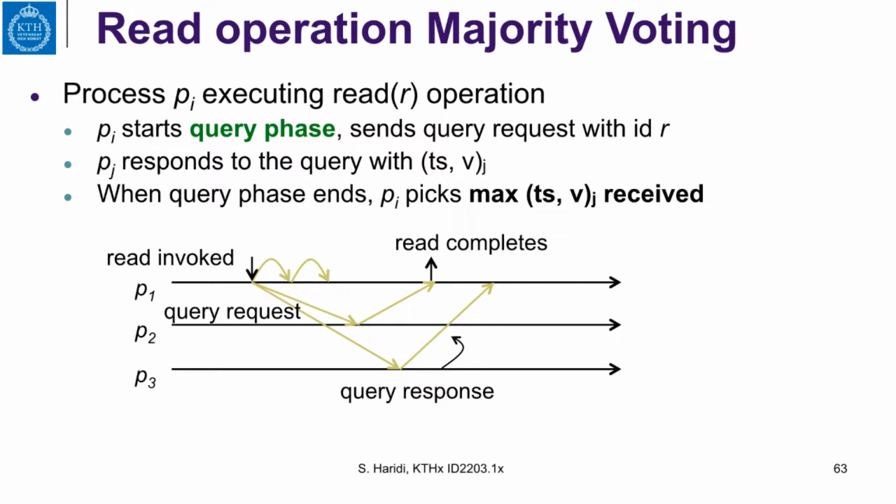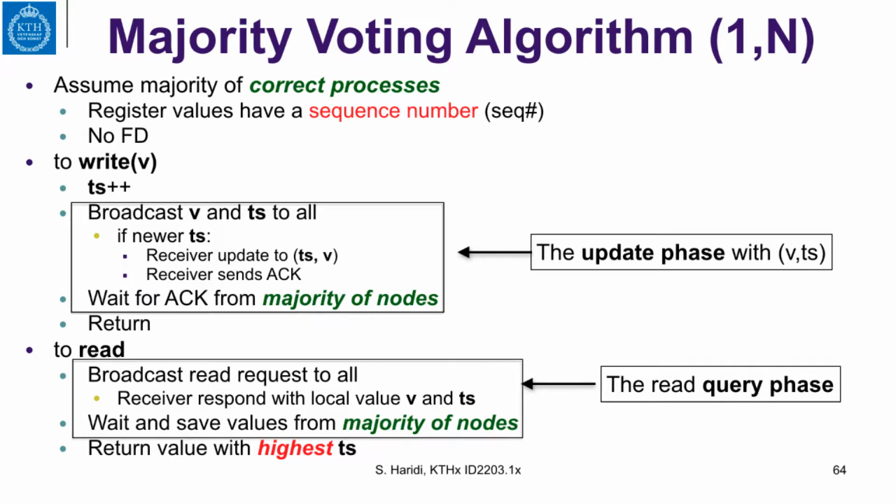So if I summarize the algorithm, it is like this now. We assume that the majority of processes are correct. We are in the fail silent model, using a timestamp, which is a sequence number, so it's a TS, and we have no failure detectors.